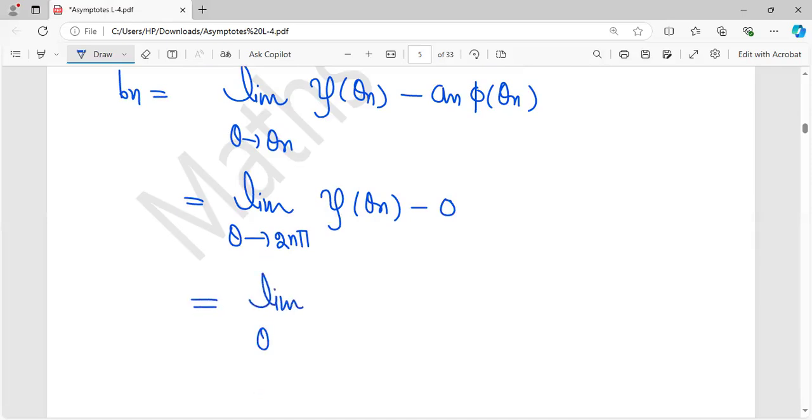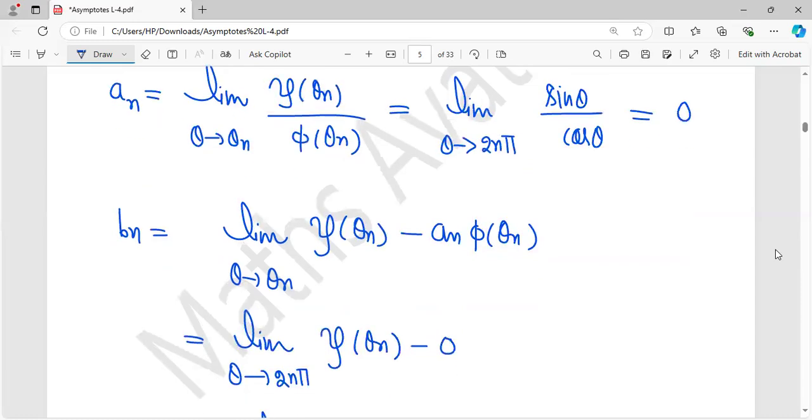Limit as theta tends to 2n pi. So this is actually theta here, not theta n.